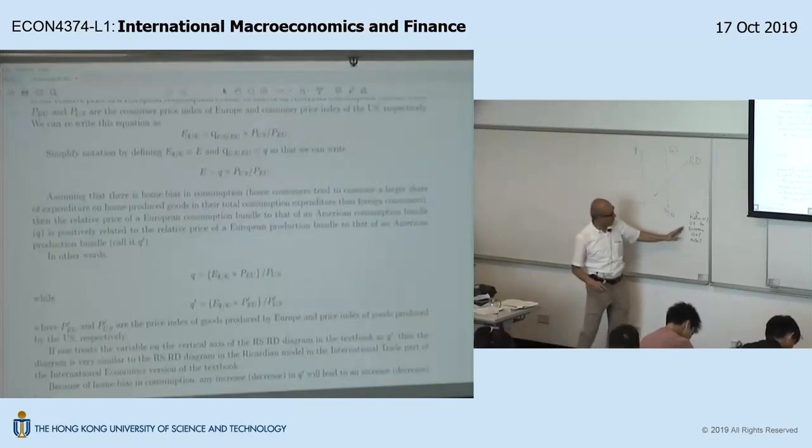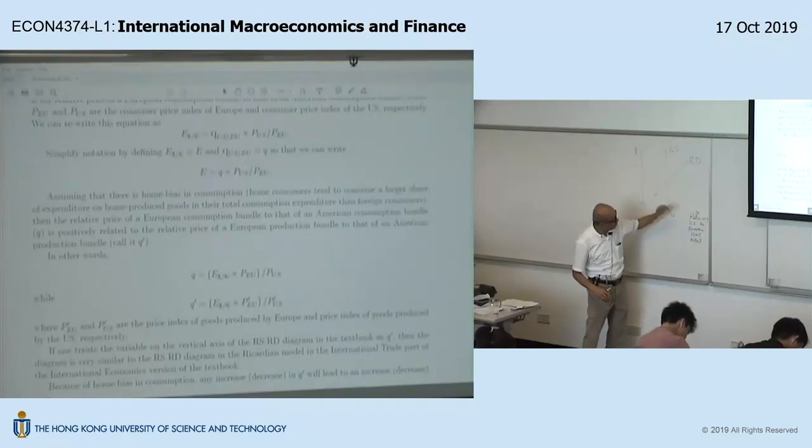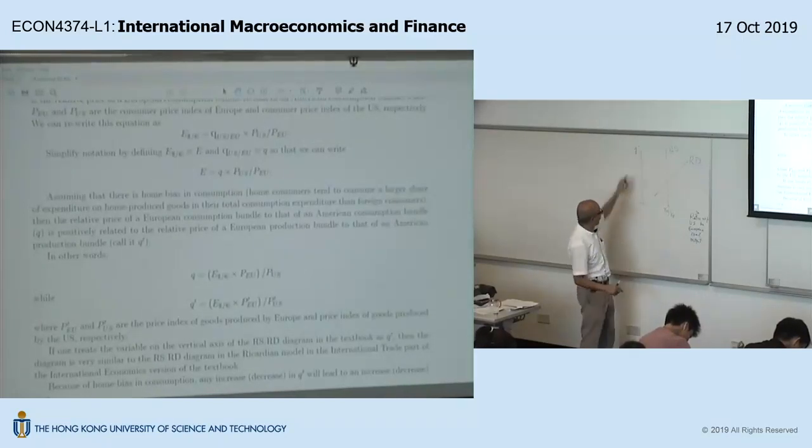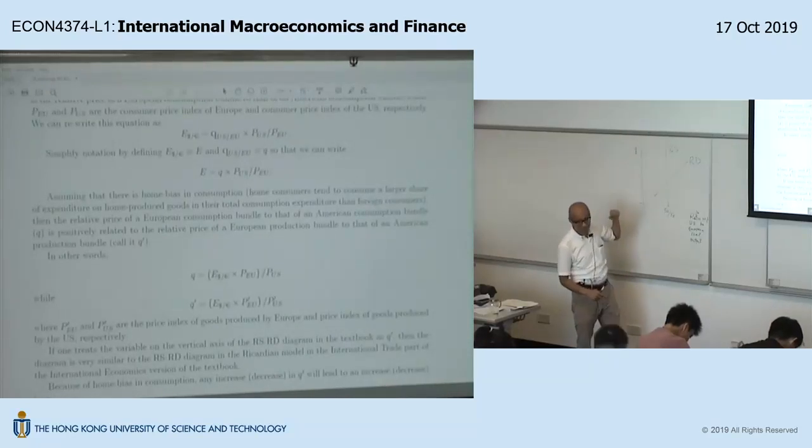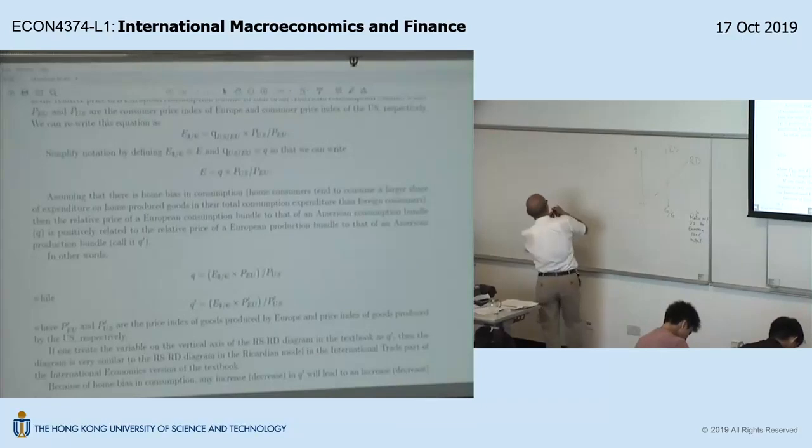Because this is talking about the demand for a U.S. good to that of European goods, but this price is actually the price of European goods relative to the price of U.S. goods. That's why.